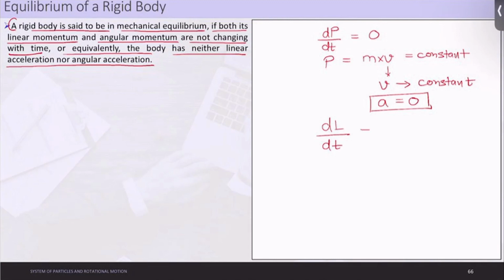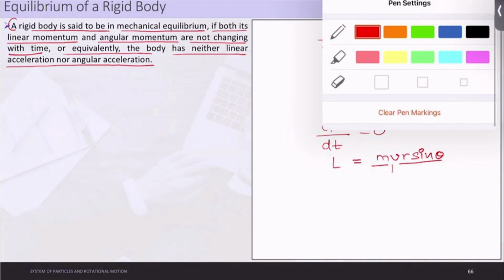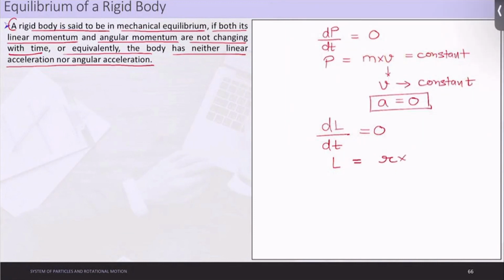Doing the same concept in terms of angular momentum, we can say if dL by dt is 0, that means L is constant. What is L? L is basically mvr sin theta. Let us talk in magnitude terms. So if r sin theta is constant and m is constant, or let me write it as r cross p here. Okay, so here we will observe that alpha is 0. Why is alpha 0? Because the value of omega is constant.